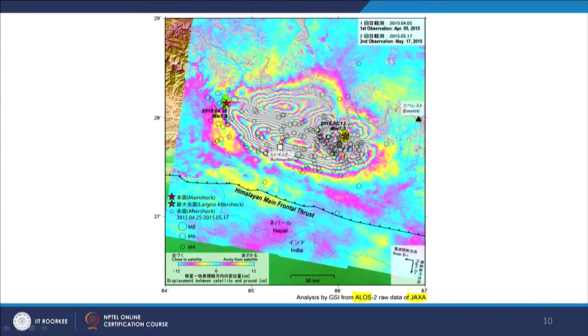This product was generated by the Japanese space agency, JAXA. Here we can clearly estimate how much deformation and where deformations have taken place, induced by these two earthquakes. That kind of accuracy cannot be achieved by any other method except SAR interferometry.